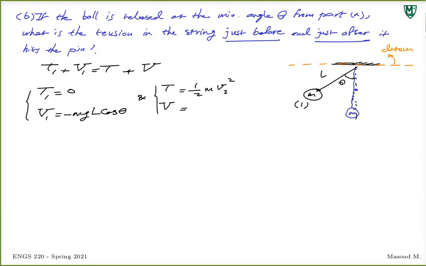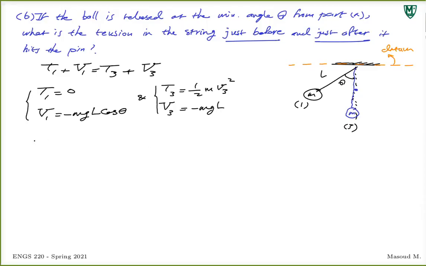Let's say this is T3, V3. I'm looking at position 1 and 3. Just change the naming. So 2 is what we studied before. This is 3. So that becomes T3, V3. Velocity at point 3, whatever it is. Potential at point 3 is minus mgL. Right? It's totally vertical. The distance the mass has from that 0 potential is the length of the string, which is L.